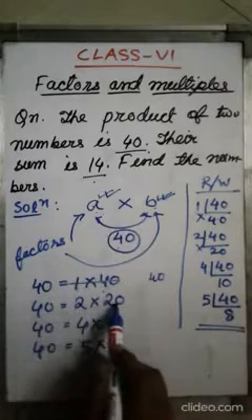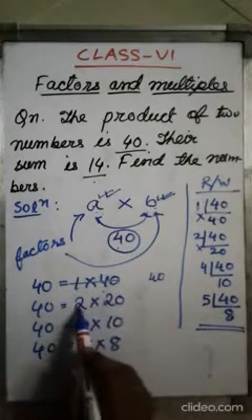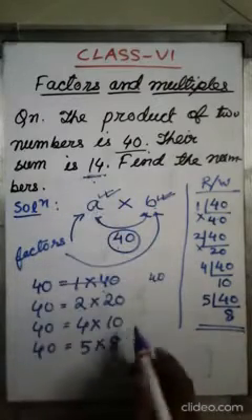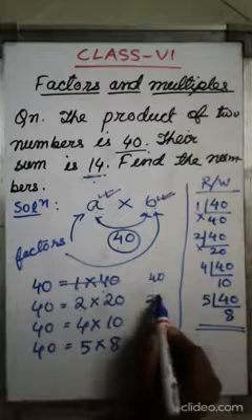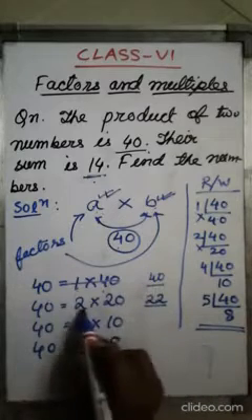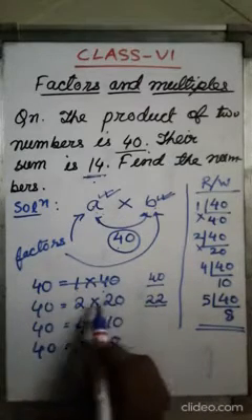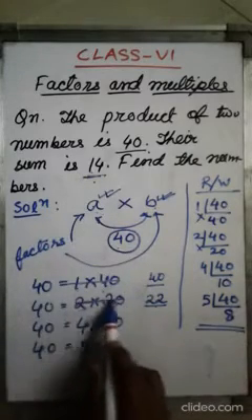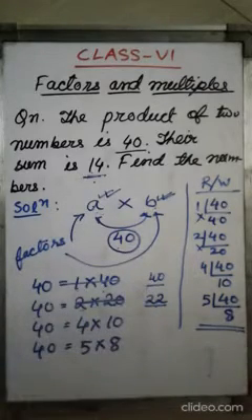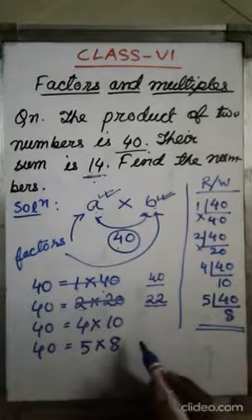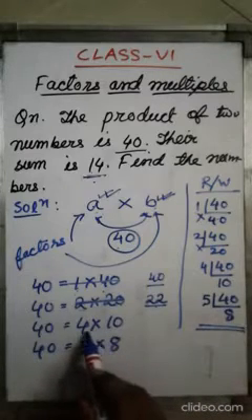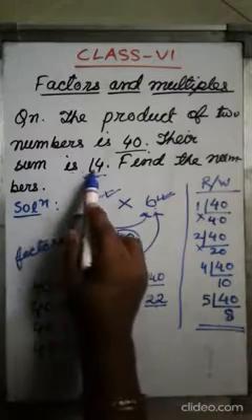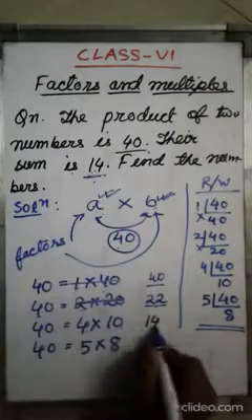2 into 20 is also 40. If I add these two, the sum is 22. 2 plus 20 is 22. It should be 14. So this is also not the correct answer. We are searching for. Next, 4 and 10. 4 plus 10, the sum is 14.